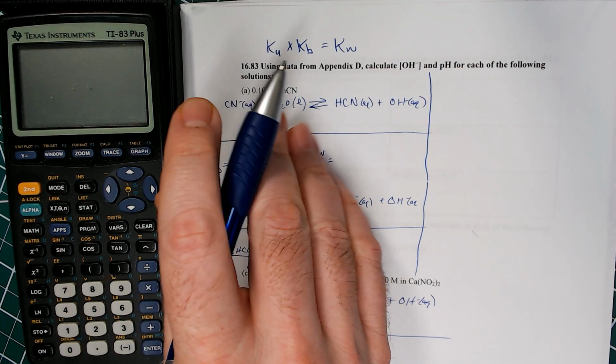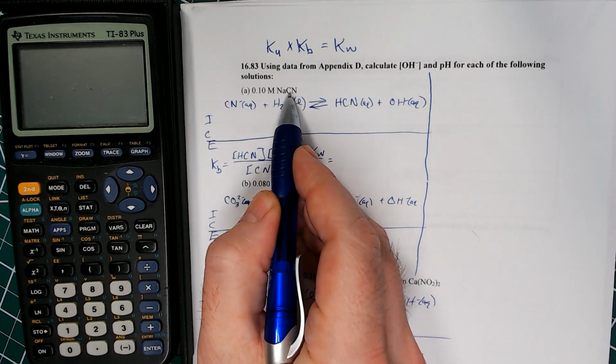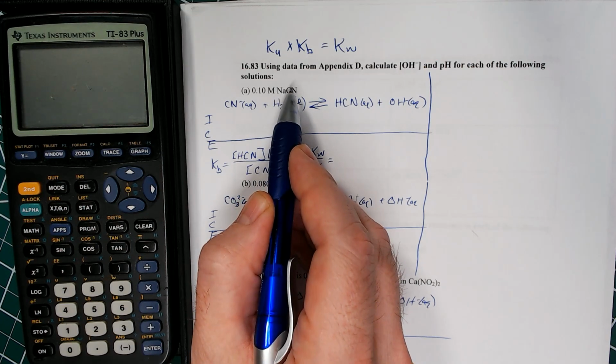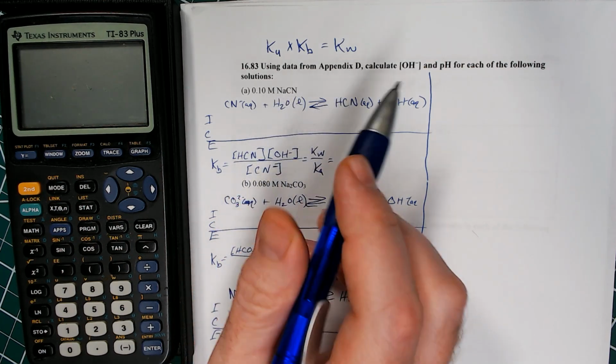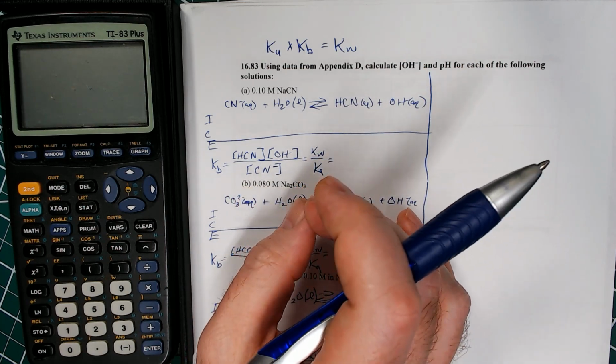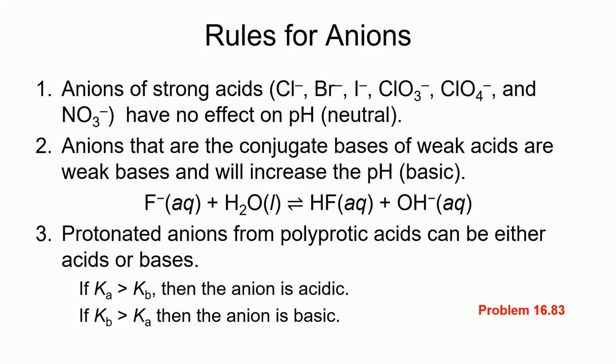The sodium doesn't have any effect on the pH, but cyanide is the conjugate base of a weak acid, and since it's the conjugate base of a weak acid, it will be basic. And that fits in with Rule 2 as we saw on this page.